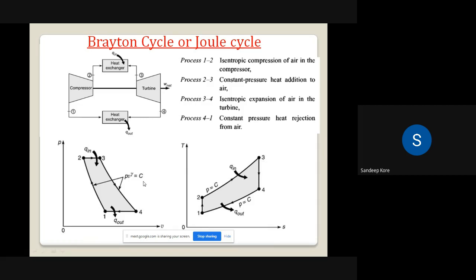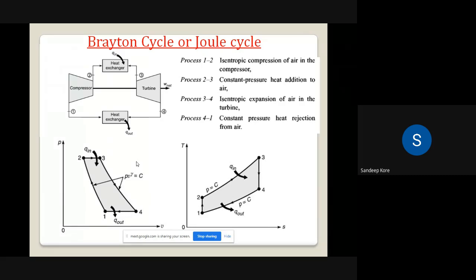So we have to use the respective governing equations as well as the relations to find the given data. If it is an isentropic process, we have the equation PV raised to gamma is equal to constant. We can use the equation T2 by T1 is equal to P2 by P1 raised to gamma minus 1 upon gamma, and T2 by T1 is equal to V1 by V2 raised to gamma minus 1.